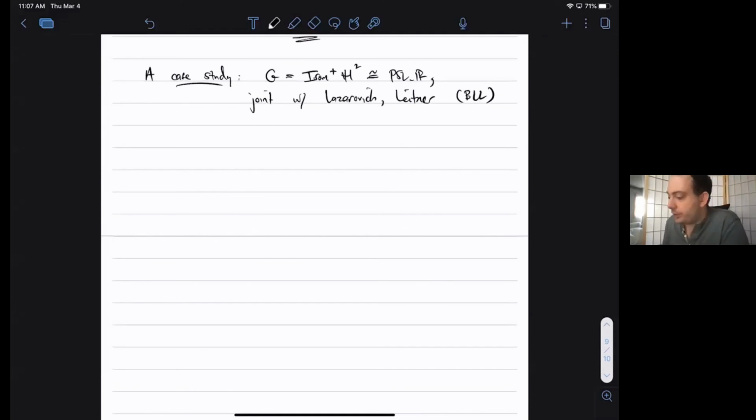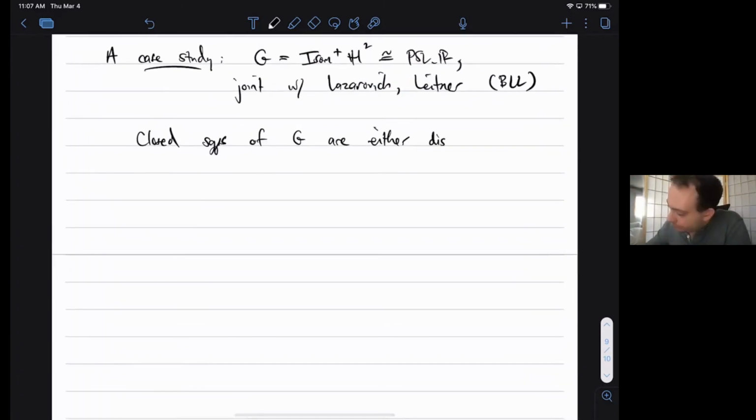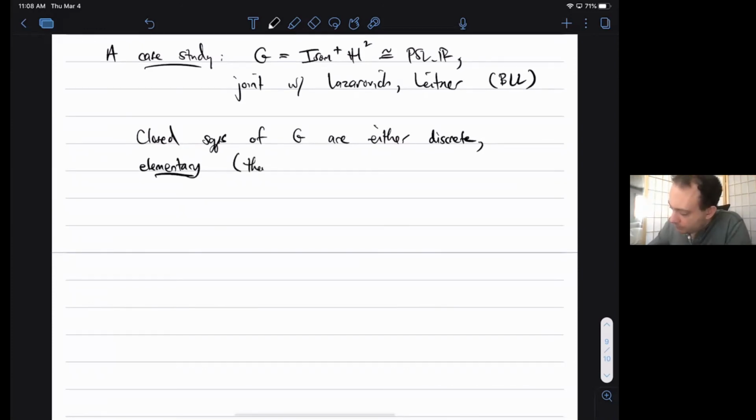So what does Sub G look like? It turns out that closed subgroups of G are either discrete, elementary, or equal to G. What does elementary mean? It means that they have a finite orbit in H2 union boundary H2.